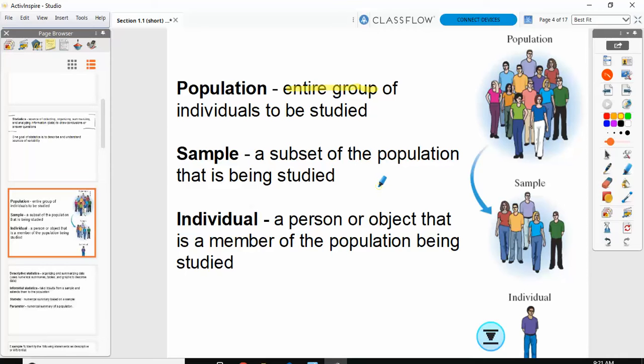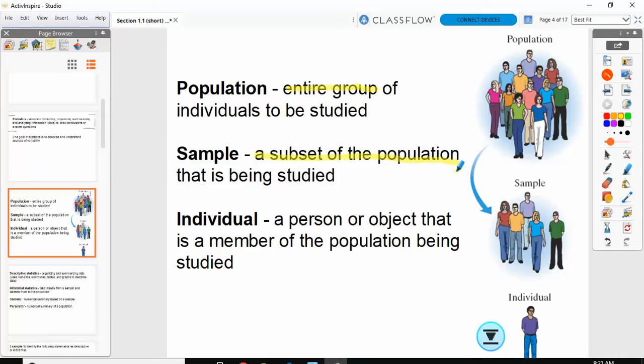So I might take a smaller group. What if I just asked you guys? You're all part of the population, but you're not the whole thing. You're just a few people out of that. That's a sample. It's a subset of the population. It's part of them. If I took the whole group and I pulled a few out, that makes up a sample.